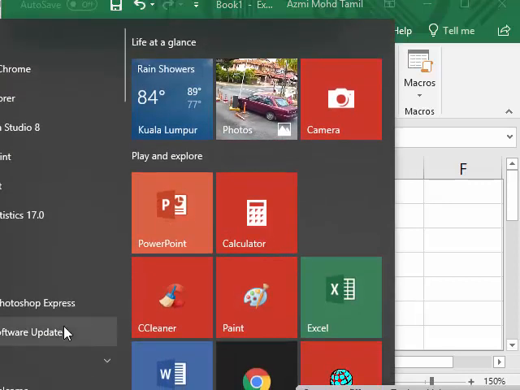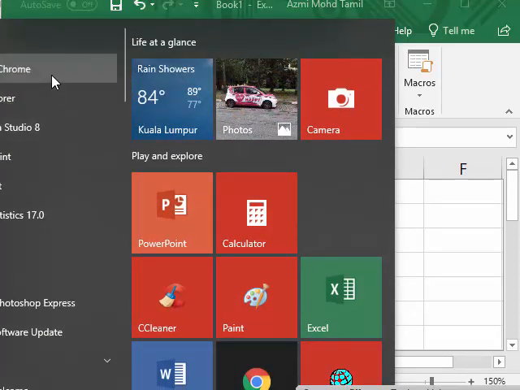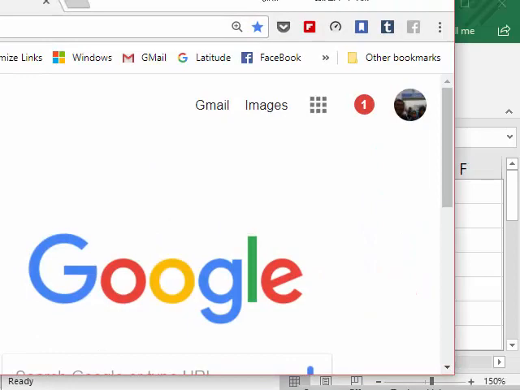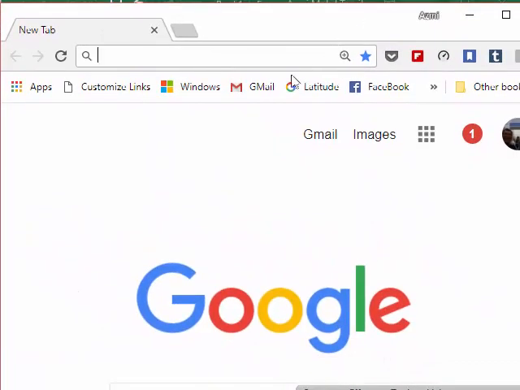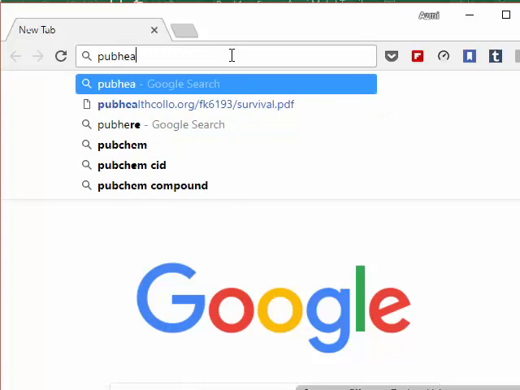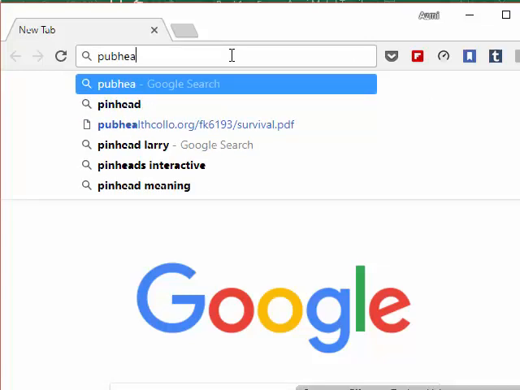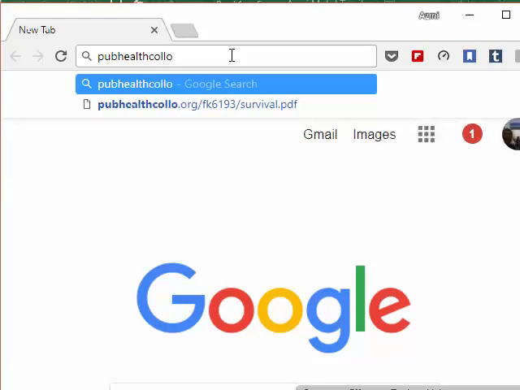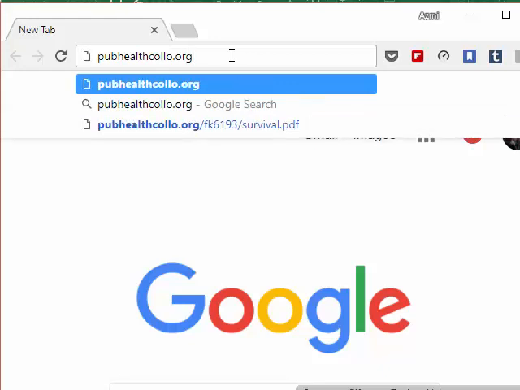Can you go to this website? The website is Pub Health Colo, Public Health Colloquium, pubhealthcolo.org. ORG stands for what?